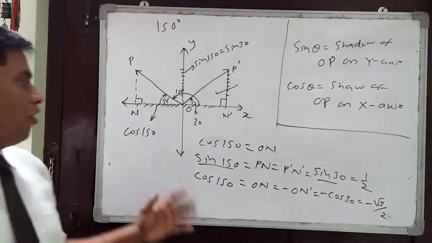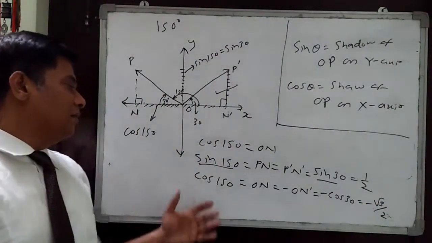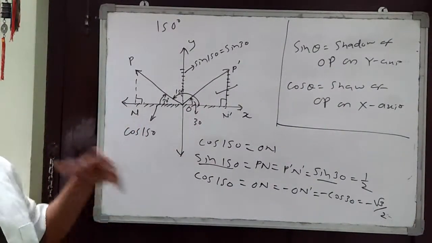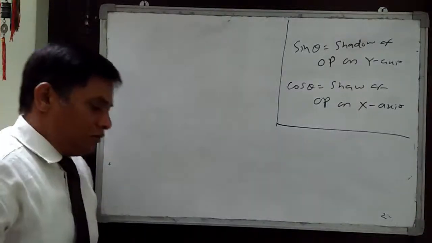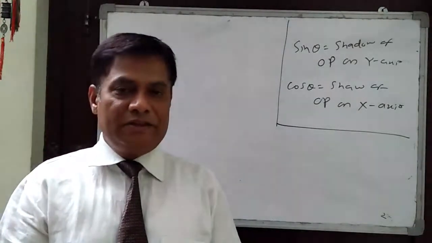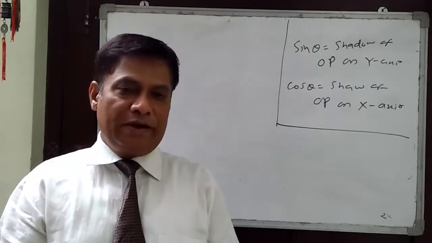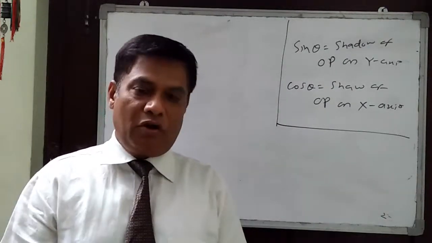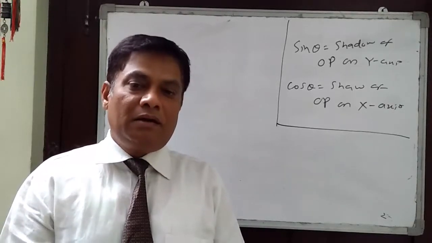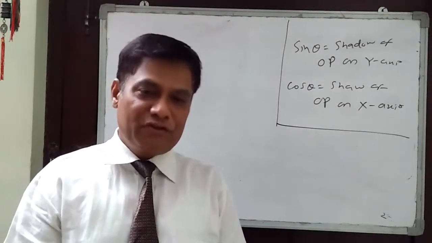So using the shadow concept, we can determine the trigonometric ratios of any angle which is greater than 90 degree. So with these two examples, we have studied how to get the trigonometric ratios of angles which are more than 90 degree. Thank you, students.